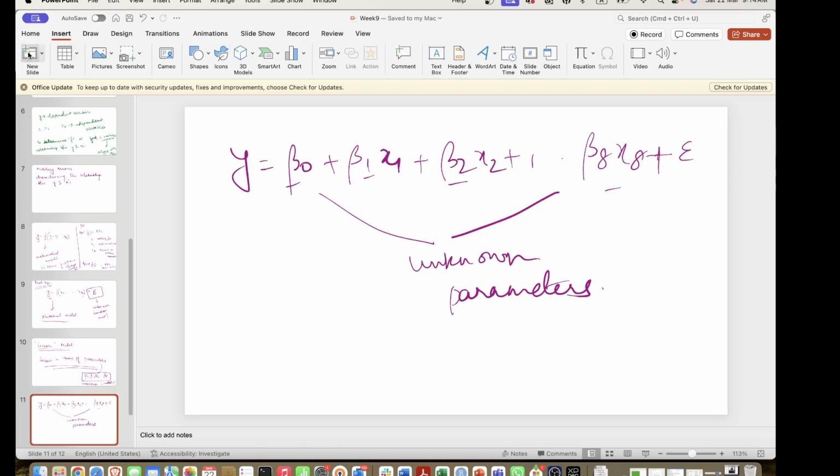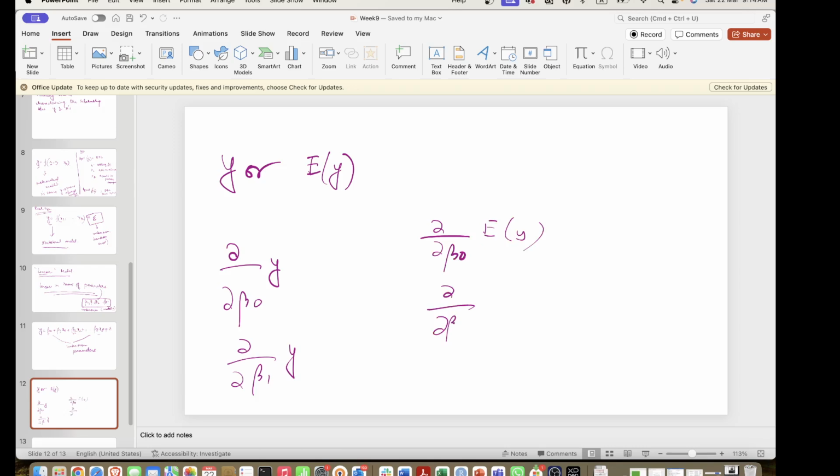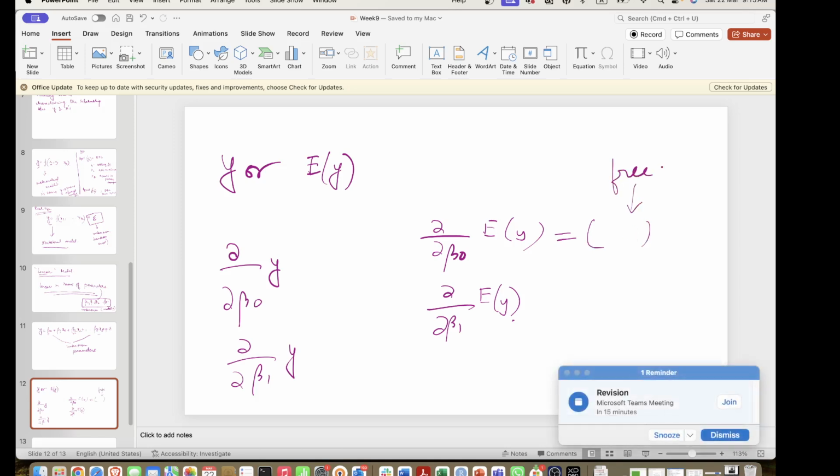So if we differentiate, let's say y or expectation of y, then whatever expression we have should be free of beta naught.